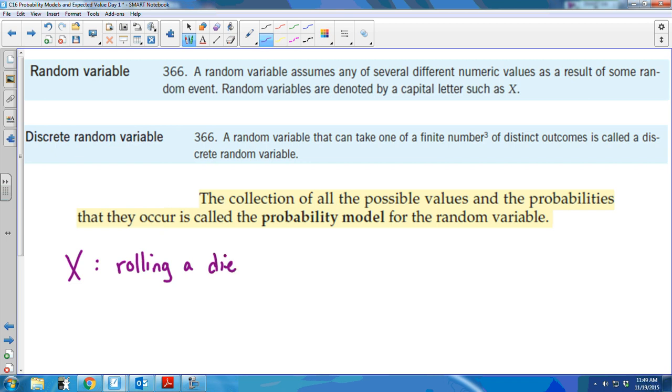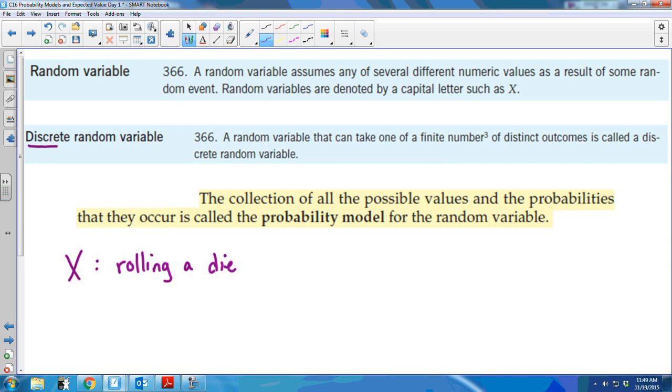There are 6 possible outcomes. You could roll a 1, a 2, a 3, a 4, a 5, or a 6. Those are represented by lowercase x's, each individual event. So capital letter random variable X just defines what's happening, defines the event.